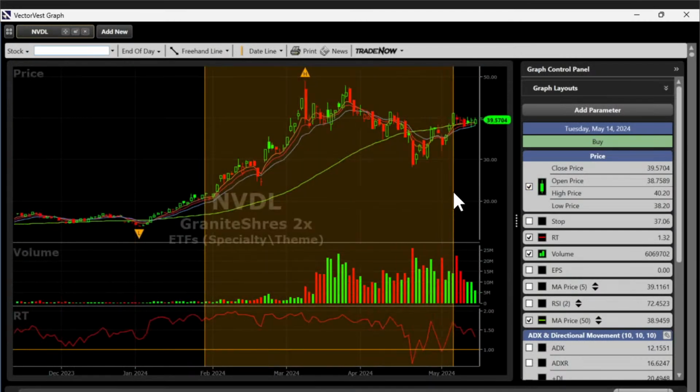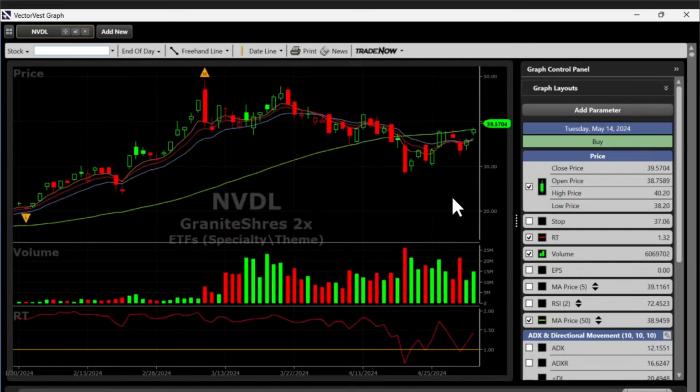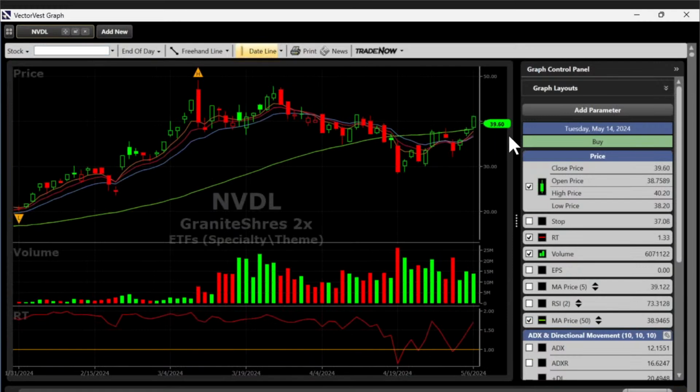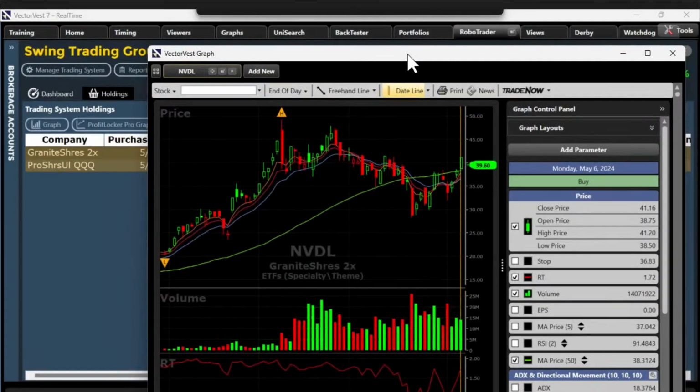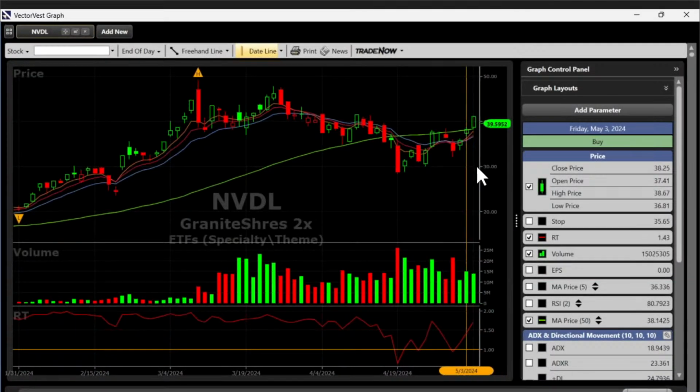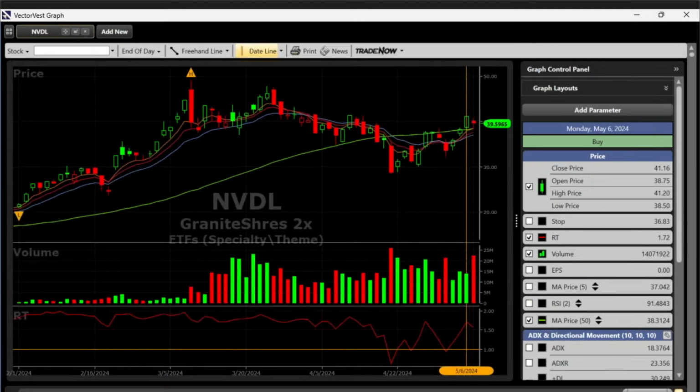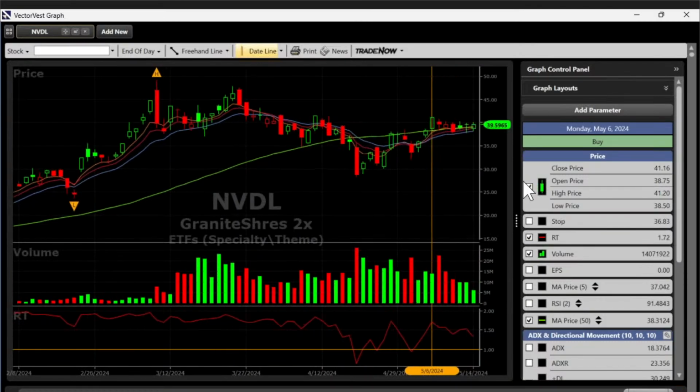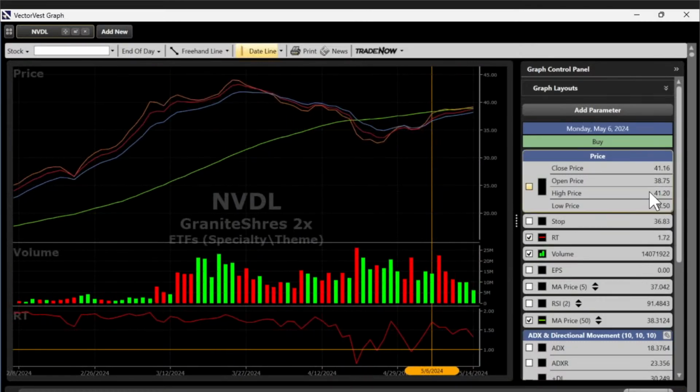I took the NVDL trade here, actually the day before that, May 3rd. I'm using the EMA squeeze setup, and I'm staying in the trade as long as the 5-day EMA stays above the 8 and the 13.